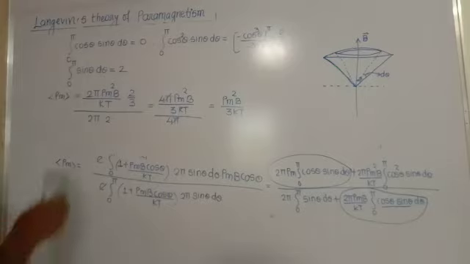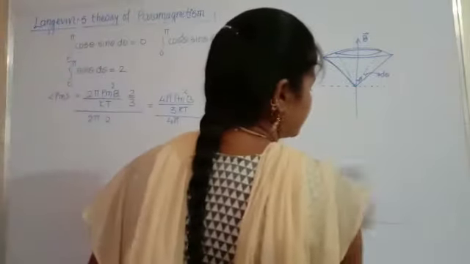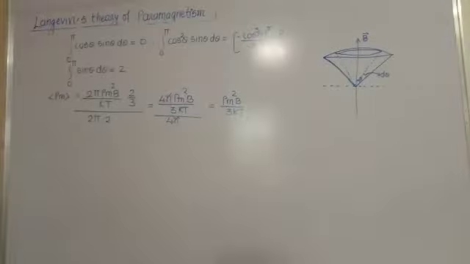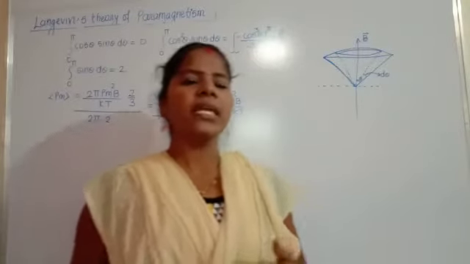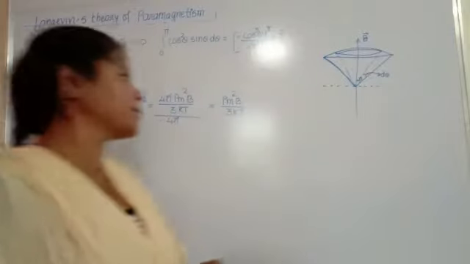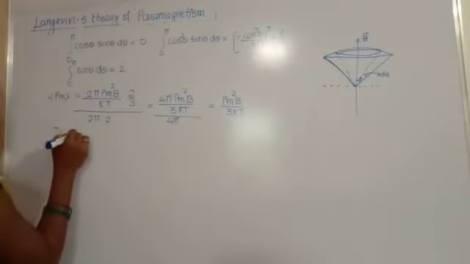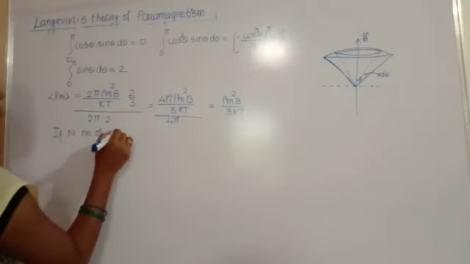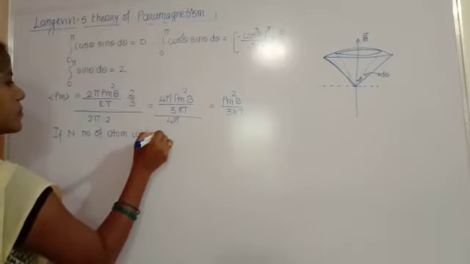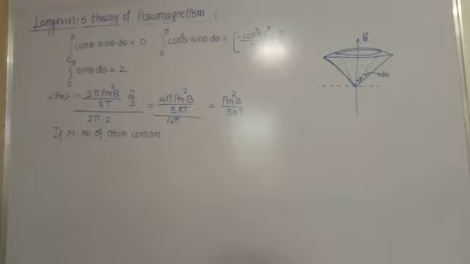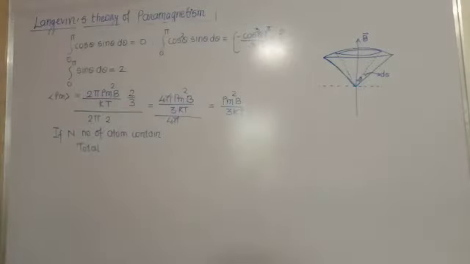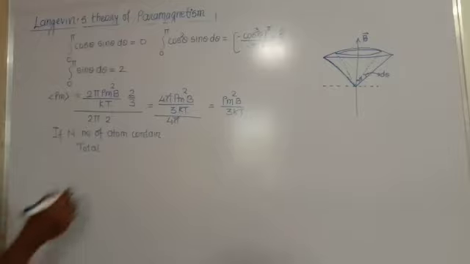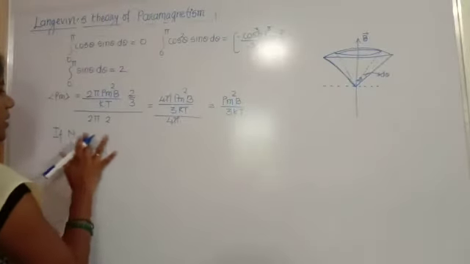So if there are n number of atoms present in the sample, we consider here a bulk sample in which there are many paramagnetic atoms, and if n number of atoms are contained in the sample, therefore the total number of magnetic dipoles per unit volume.